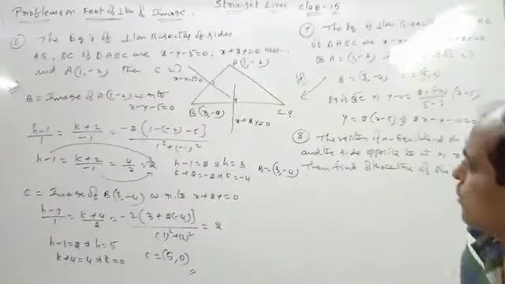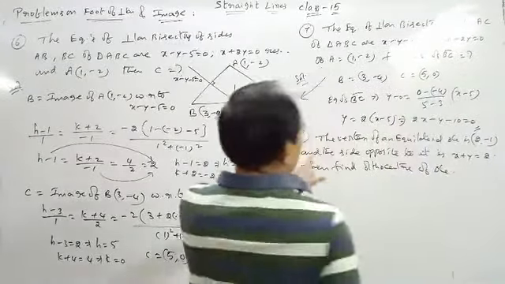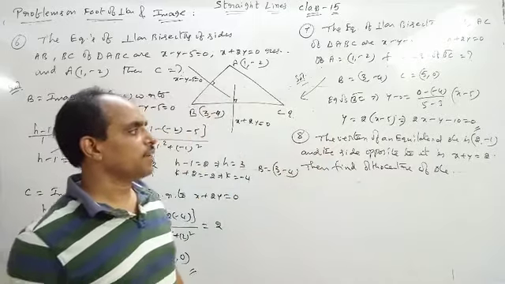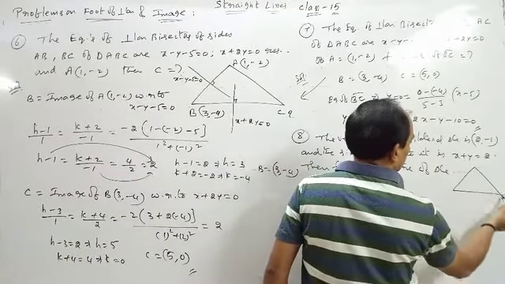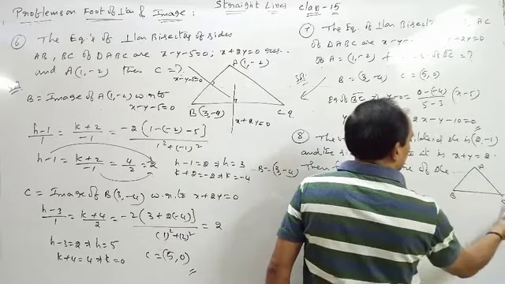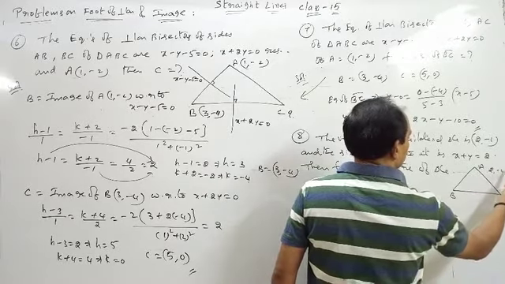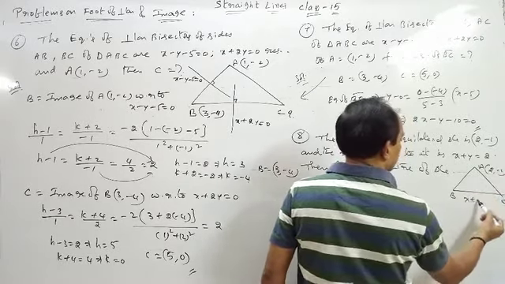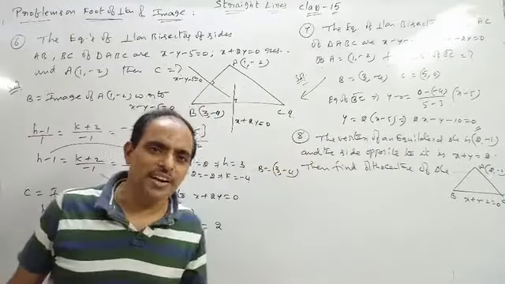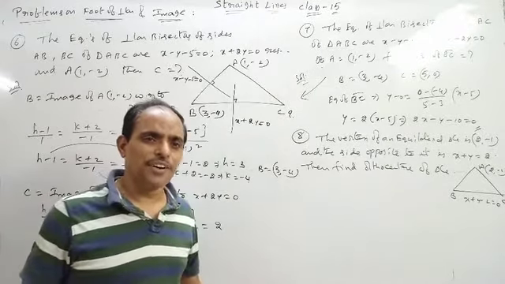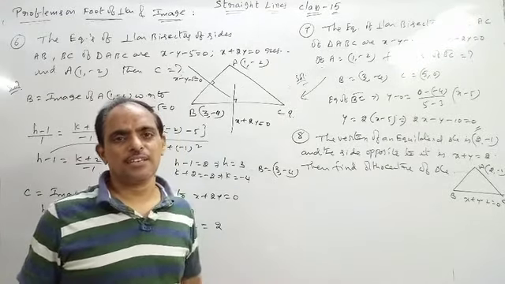Okay. So what is the question? The vertex of an equilateral triangle. This is an equilateral triangle ABC. One vertex A is given, 2 comma minus 1, and this side is x plus y minus 2 is equal to 0. We have to find the orthocenter of the triangle.